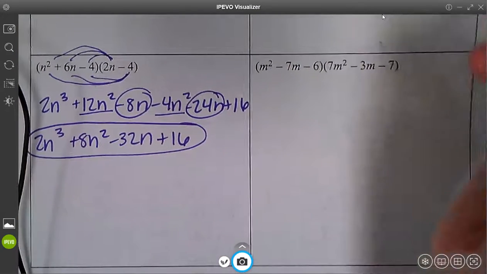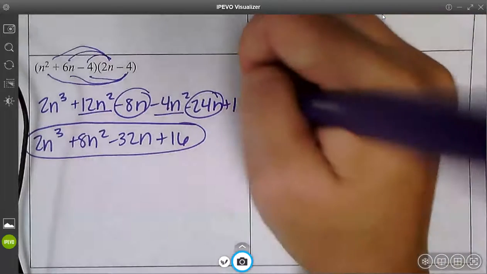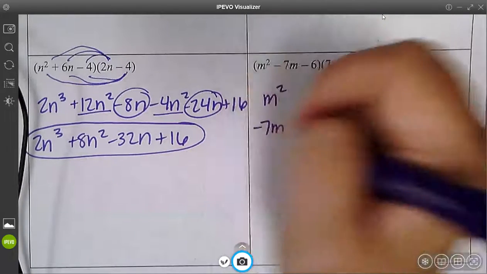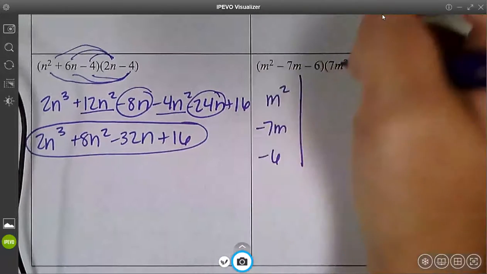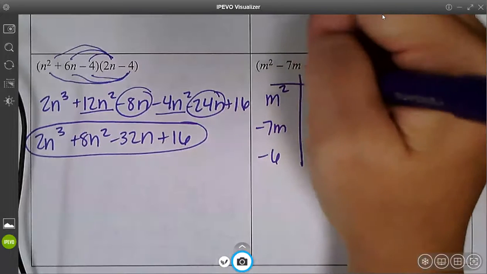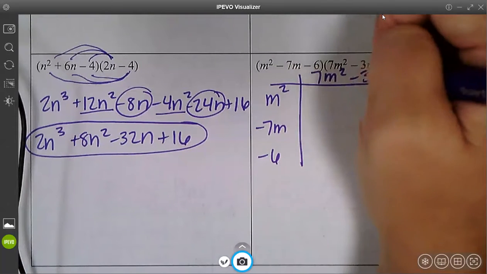And then my last one, I'm going to go ahead and do the box again. M squared minus 7m minus 6, and 7m squared minus 3m minus 7.